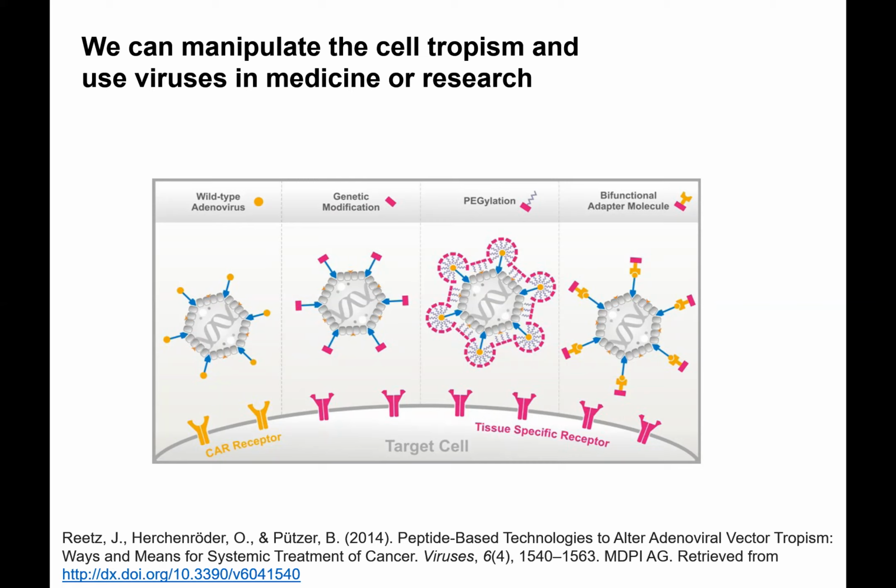Adenovirus is a virus that's been studied for a long time, another common cold causing virus, but it has a DNA genome and it's easy to manipulate and change these outside spike proteins and what they interact with. And so you can change the receptor, so you can change the tissue tropism that this virus can bind to.